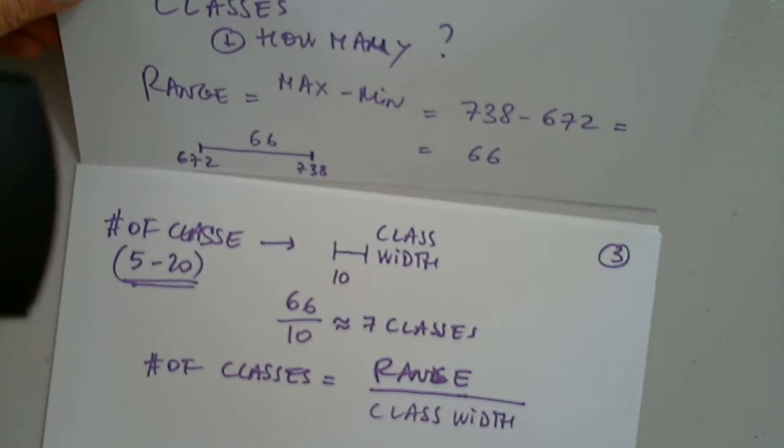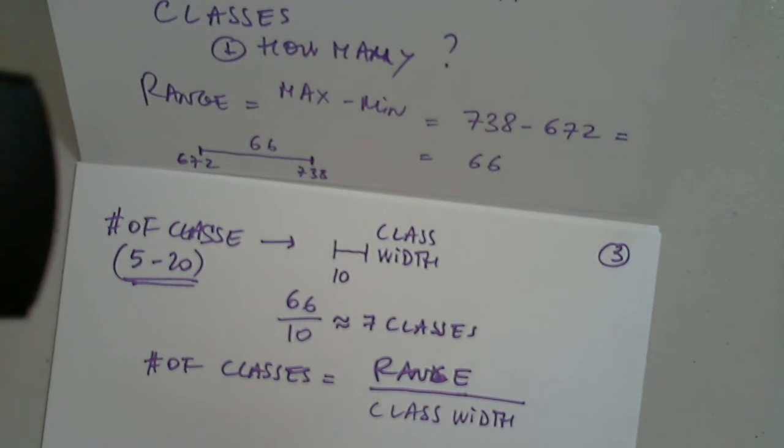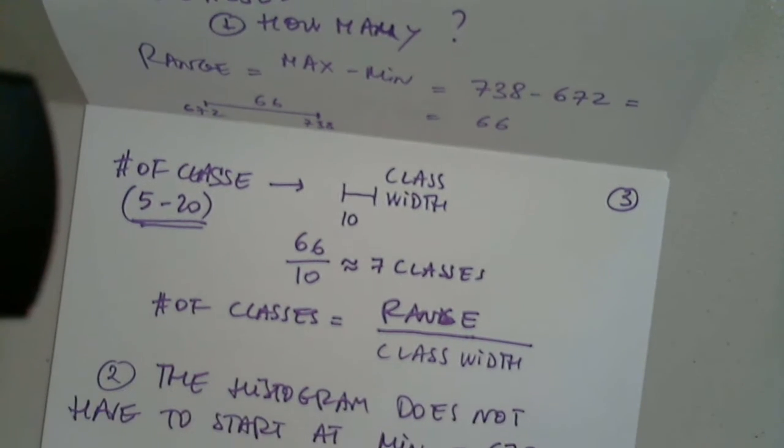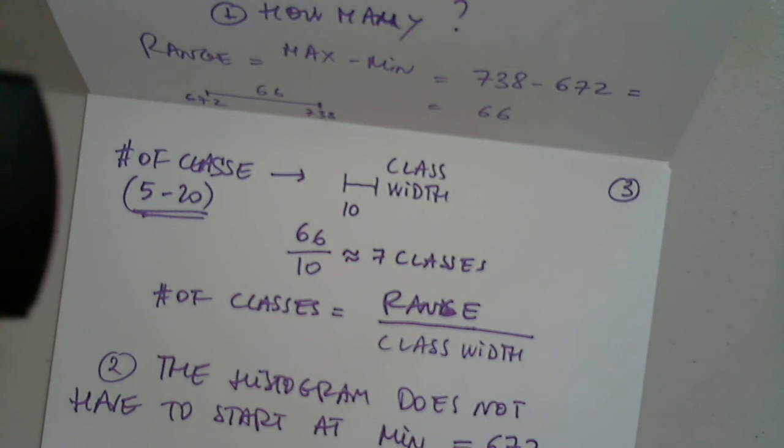So please keep in mind a histogram. We are trying to build a histogram, right? Number 2, the histogram does not have to start at the minimum, which in our case is 672. I would like it to start somewhere convenient.